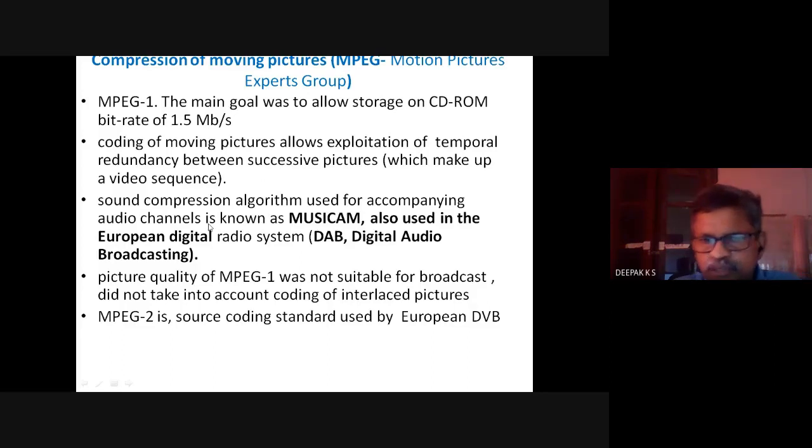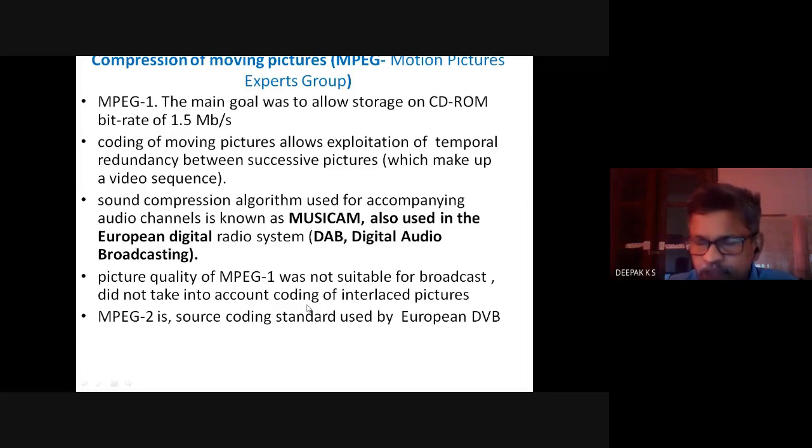In addition to the video, you need audio also in TV broadcast. And this is MUSICAM, the algorithm for combining audio channels in MPEG 1, and it is used in European DAB, digital audio broadcasting. The DVB, digital video broadcasting, uses MPEG 2, because MPEG 1 doesn't take into account interlaced pictures.